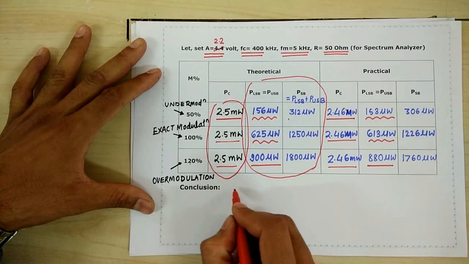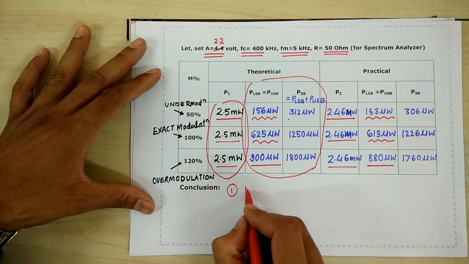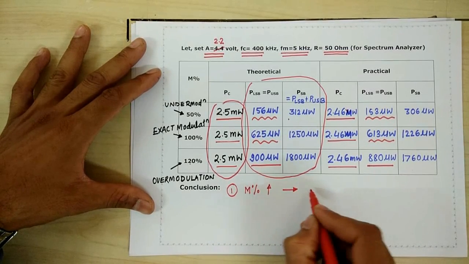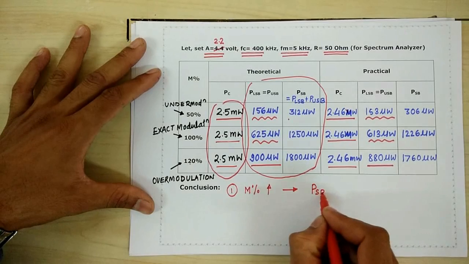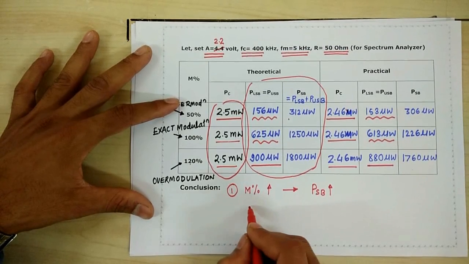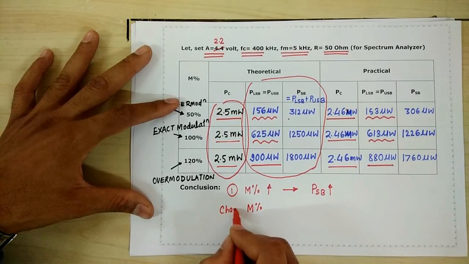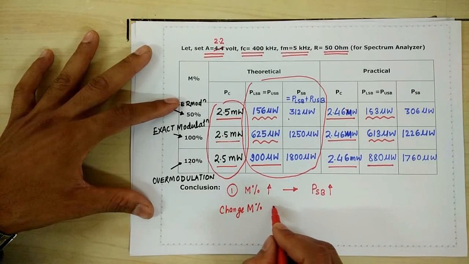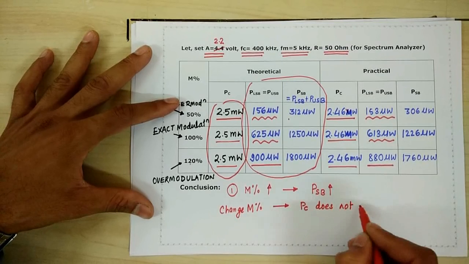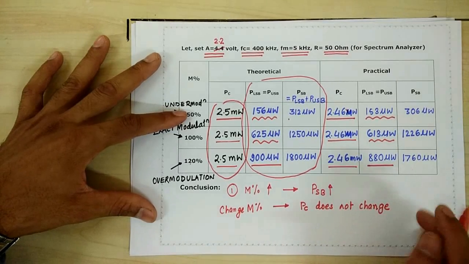So we can write the conclusion that if you increase the modulation index, this increases the sideband power, and if you change the modulation index, the carrier power does not change, it remains the same. So the carrier power is independent of modulation index.